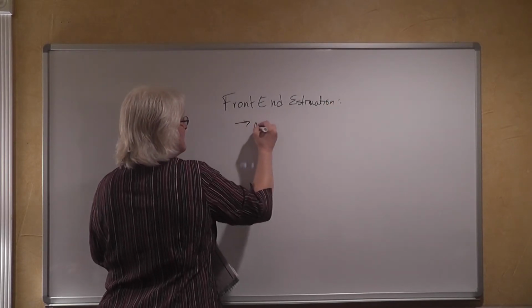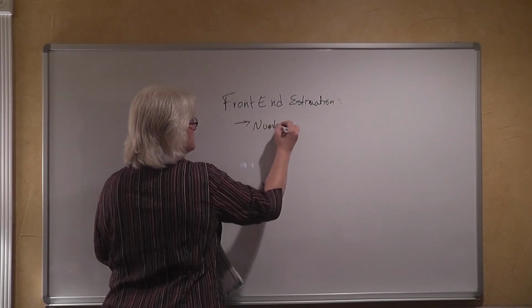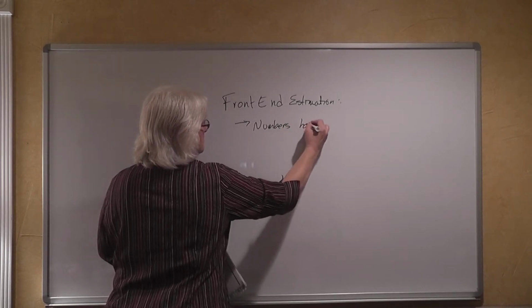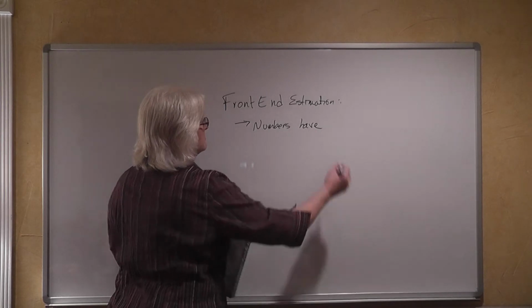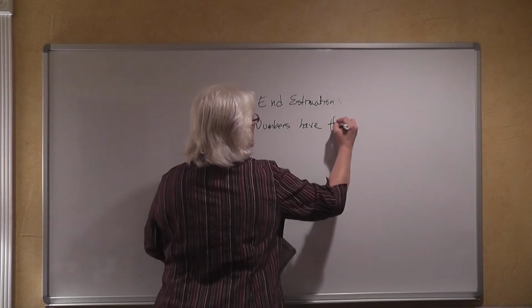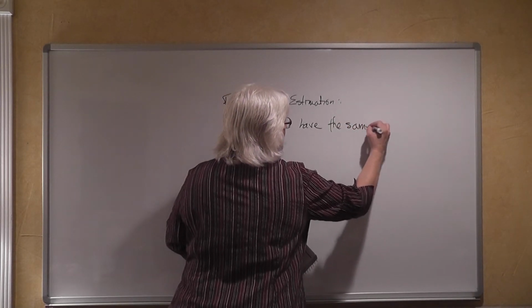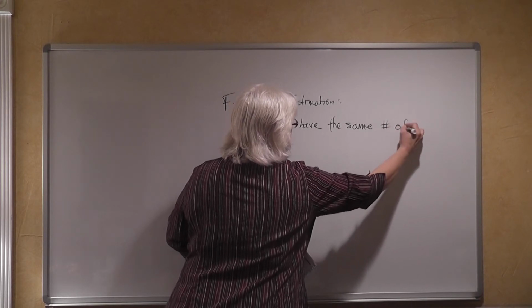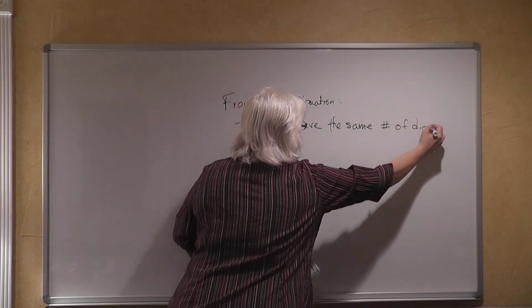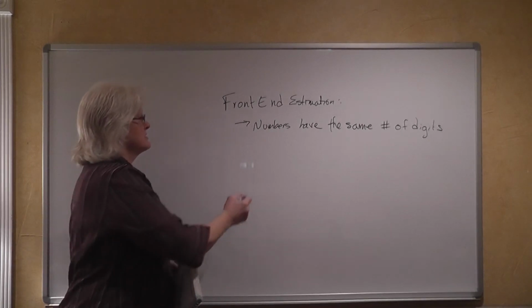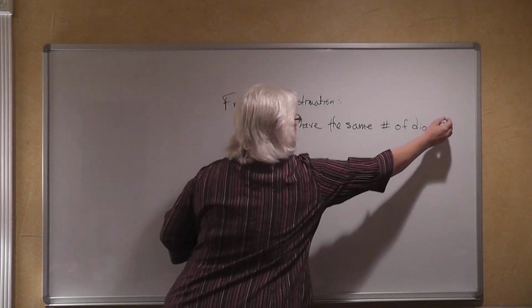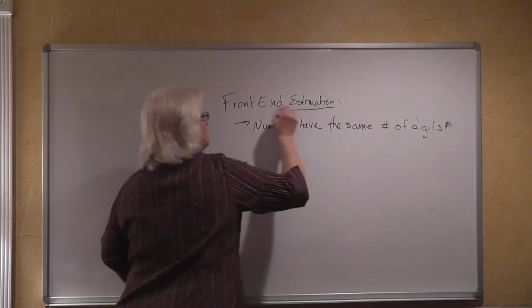The numbers have the same number of digits. So if one number is thousands, the second number has to be thousands. This is key. They have to have the same number of digits.